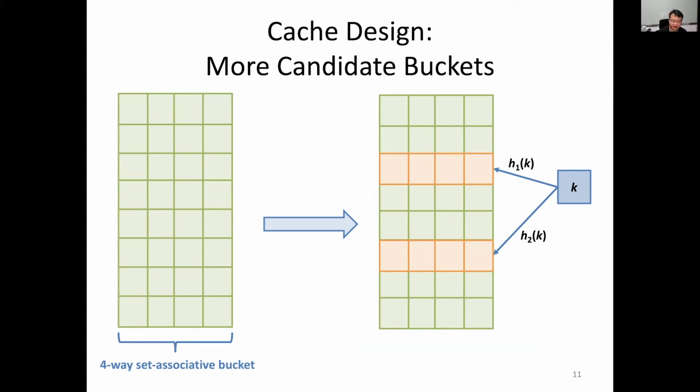If there's any matching key, we return the corresponding value. Otherwise, we can pick a random victim from any one of the 2 buckets and make room for k. So this is inspired by cuckoo hashing, and it achieves an amazing cache hit rate of 99%.